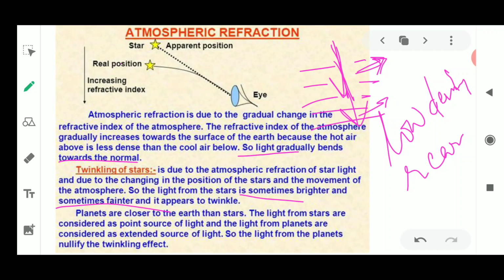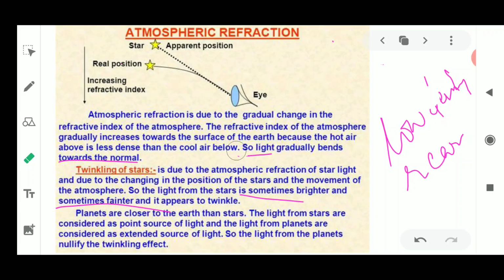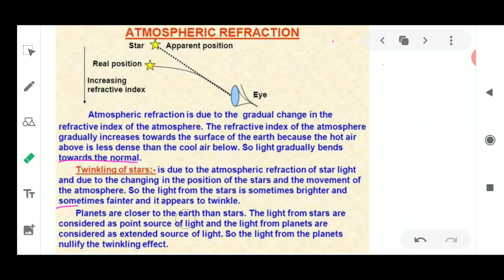So the stars appear sometimes brighter and sometimes fainter, and this is a very basic phenomenon, because of atmospheric refraction and the movement of the starlight through the different layers of the atmosphere when the light is coming towards the earth's surface.